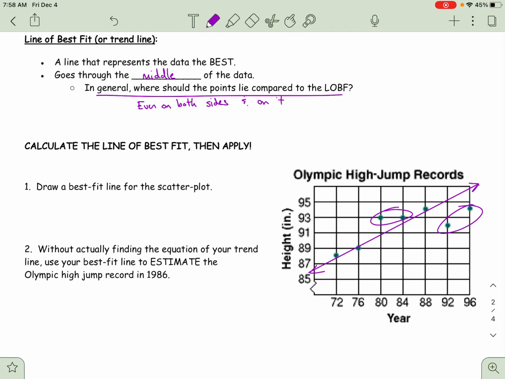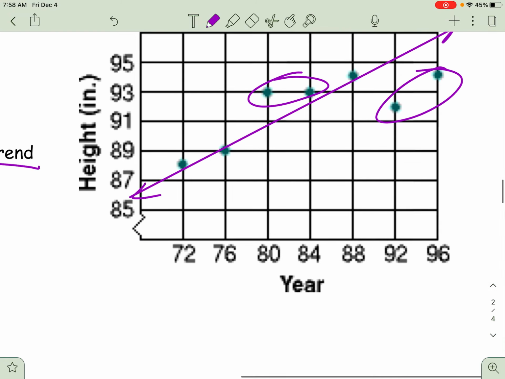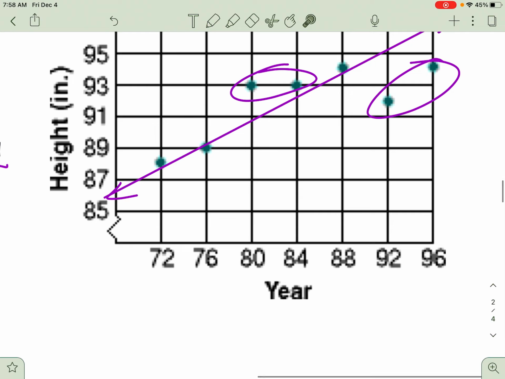The nice thing is you can estimate future examples. In this case, it says, without actually finding the equation of your trend line, use the line of best fit to estimate the Olympic high jump record in 1986. Well, you can see that there is nothing here for 1986. But based on the line that we just drew, 1986 would be right here.